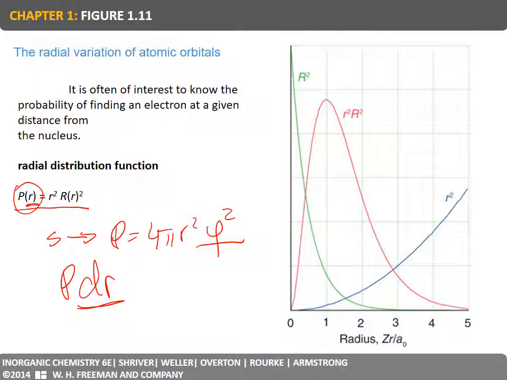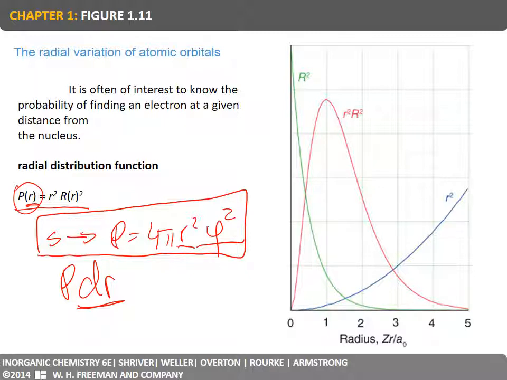Now let's look at this for a 1s orbital, and this is our expression for 1s, and we have stated that the wave function decreases exponentially as the distance of the electron from the nucleus increases. In our case, this is the r squared.